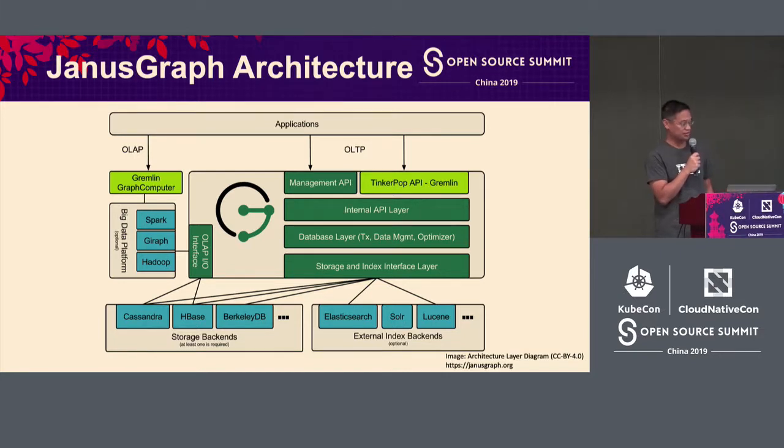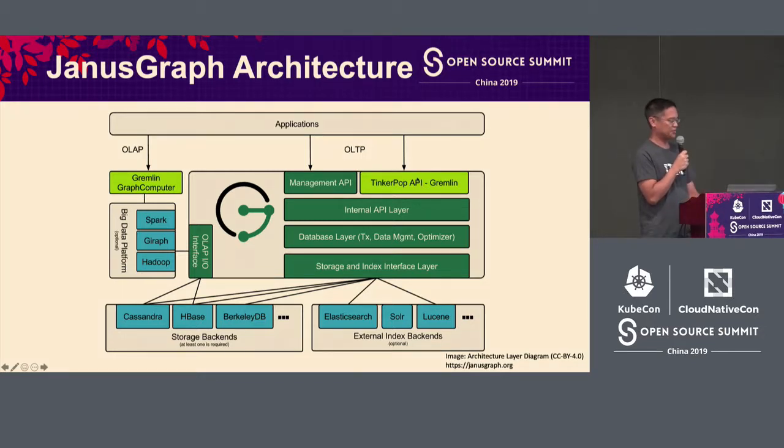This is a slide of the JanusGraph architecture. In addition to being an open source project with a good open source license, one of the key things that we liked about Titan and now JanusGraph was the flexibility of it. So here in this diagram, the light green items, those actually come out of the TinkerPop project.